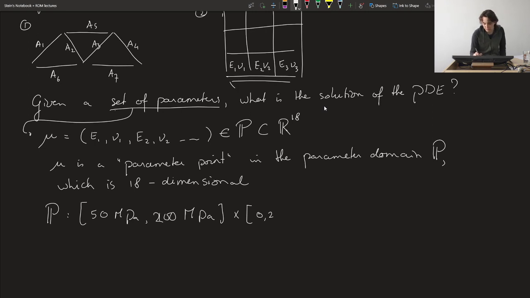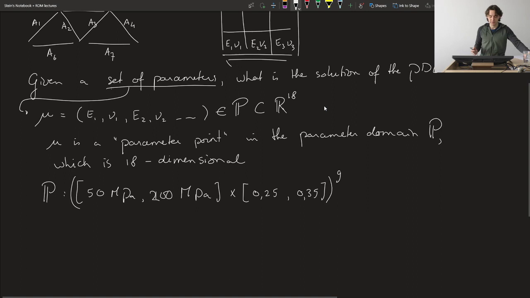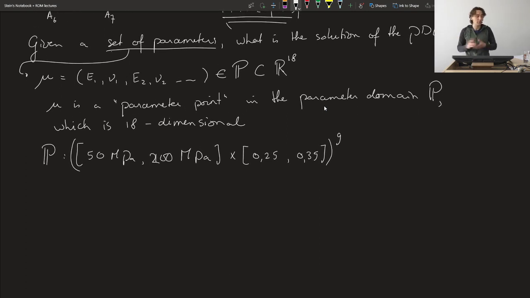So like 0.25 to 0.35. So I think I took some random values here from 3D printable materials to keep with that example. And this is going to be raised to the power of the amount of squares that we have, which is 9, right? So that's an example of a parameter space. And again, there's a whole bunch of points in the parameter space, and in principle there's infinitely many. And for each of these infinitely many points, we might want to explore what the solution looks like. And then we want to choose the solution that best fits our design parameters.